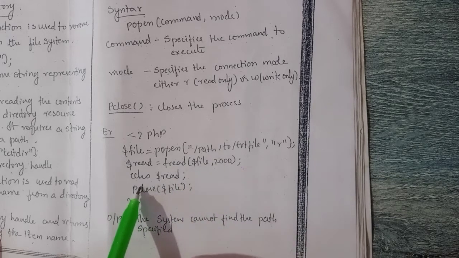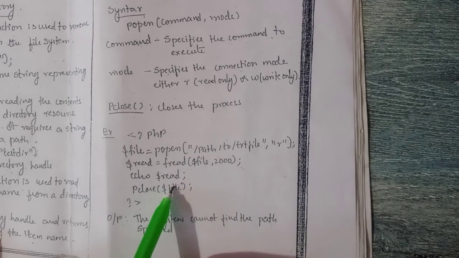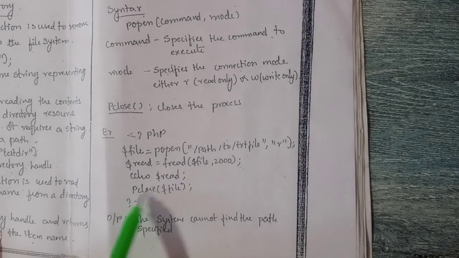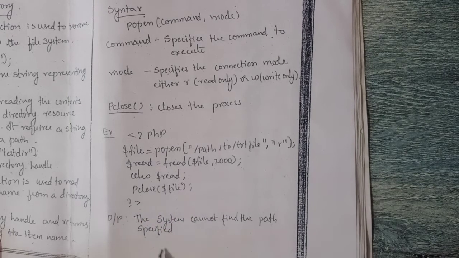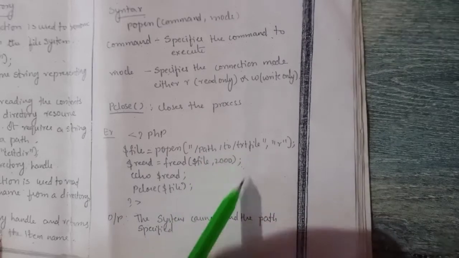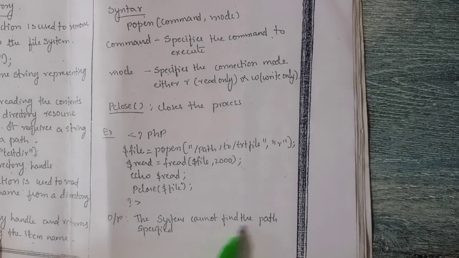Then we echo the read, meaning whatever we have read from the file is displayed, and we are closing that particular process. Then the output is "the system cannot find the path specified." If we are not specifying the right path, it displays that the system cannot find the path specified.